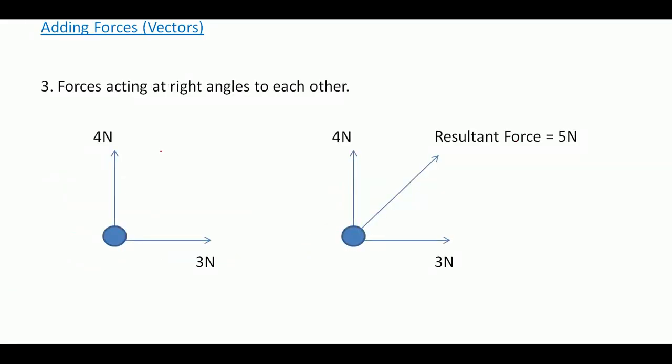Now, let's say we have forces acting at right angles to each other. So we have an object here, and we have 4 Newtons acting upwards, and 3 Newtons acting to the right. So if we have two forces that are at right angles to each other, what we do is simply use Pythagoras' theorem to find the resultant force, right?